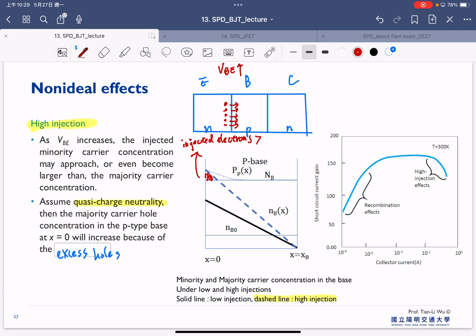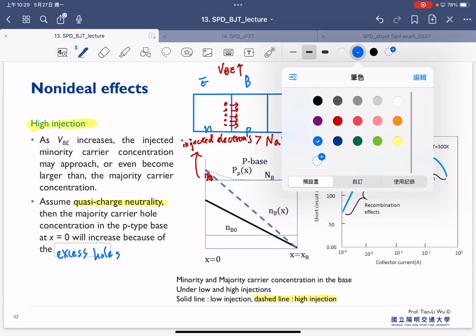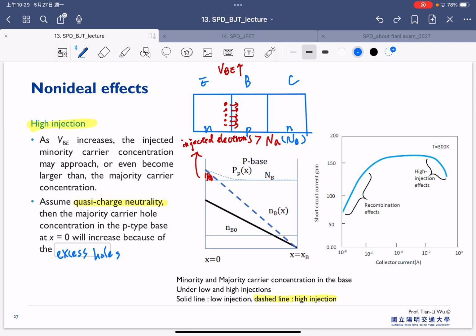In this case, the background doping is Na, which is Nb as shown here. So that means our injected electron concentration is larger than our majority concentration in the base, which is Nb as shown here. And therefore, due to this quasi-charge neutrality, we start to see the increase of the holes here.